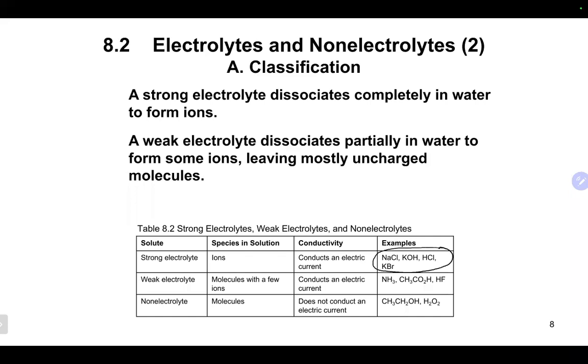Any ionic compound that will dissolve in water will be a strong electrolyte. A lot of weak acids and weak bases are weak electrolytes, like ammonia, acetic acid, and hydrofluoric acid. And then non-electrolytes are some of these, and also sugar is a common one as well.